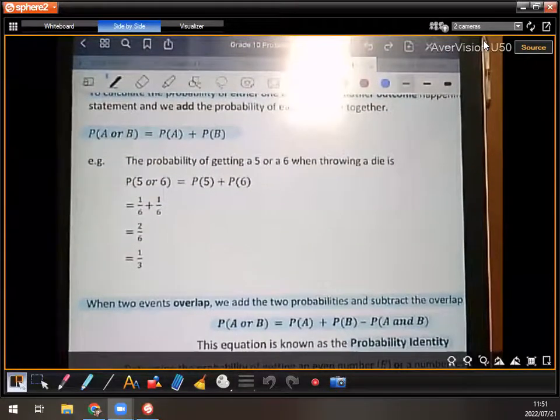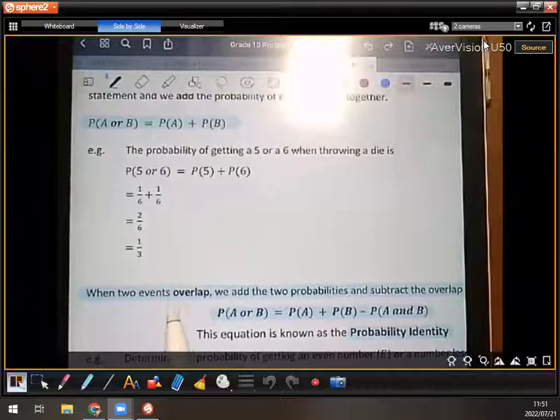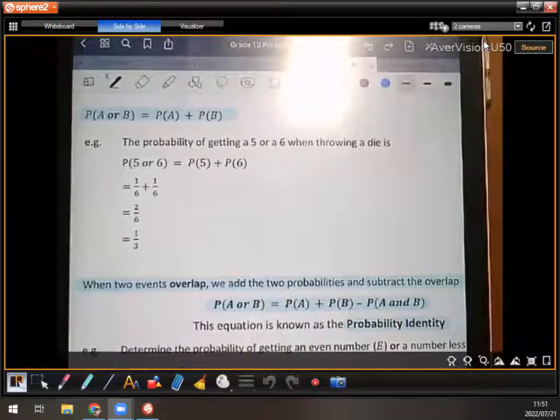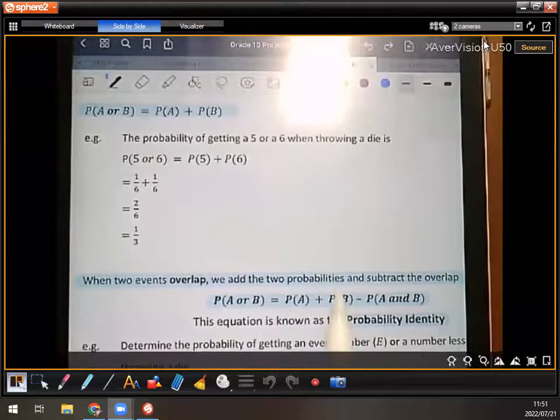So when 2 events overlap, we add the 2 probabilities and subtract the overlapping bits. We call that the probability identity. That's also an "or" statement, but because the 2 events are now overlapping, you have to subtract the part that's overlapping.